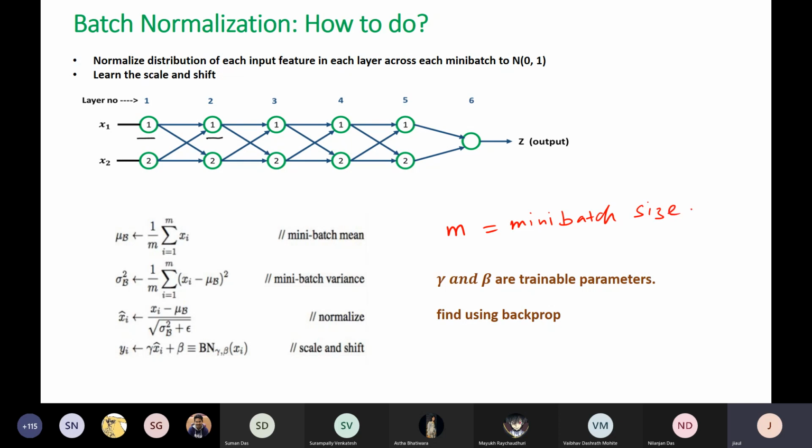Okay, now let's take them one by one and try to understand what is happening here. Let's look at this particular equation. What I am doing in this case is simply computing the mini batch mean.